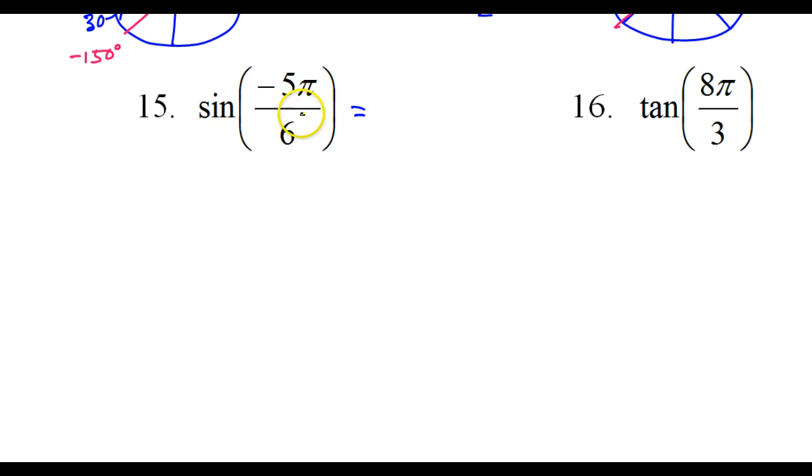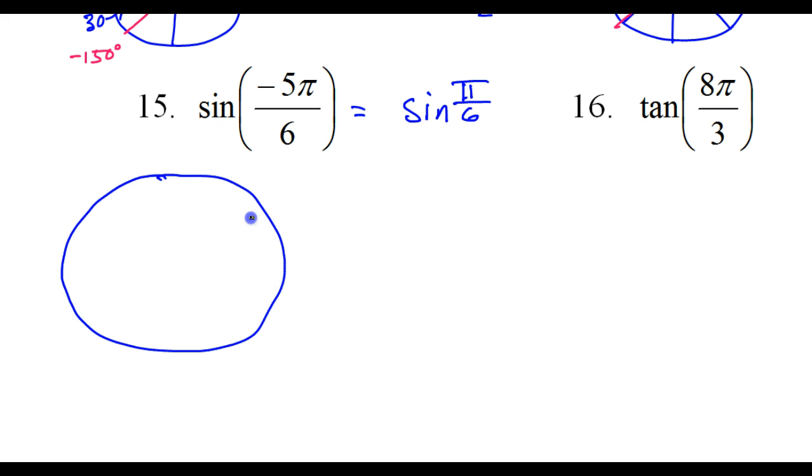With radians, it's obvious. So I know this is going to equal the same thing as the sine of pi over 6. The only thing is maybe it needs a negative sign in front of it. To figure that out, I need to get it on the unit circle, just so I know what quadrant it's in. That's the only reason for that.